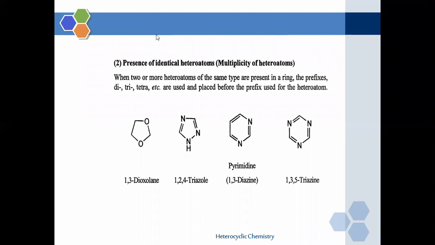But here in this rule, we are going to discuss if the same heteroatom will be present in multiple number. So what this rule indicates, when two or more heteroatoms of the same type are present in the ring, the prefix di, tri and tetra we are going to use. These are used and placed before the word of prefix.